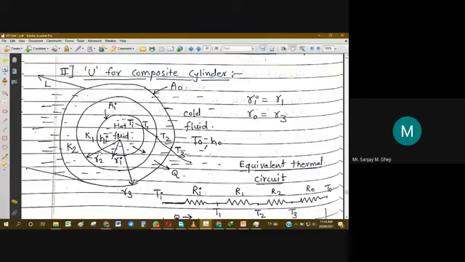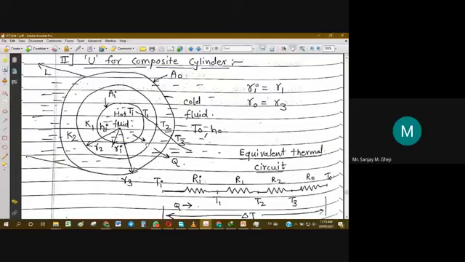For the inner tube, the inner radius is Ri and the outer radius is Ro, and for the outer tube the inner radius will be Ri and the outer radius R3. So to avoid this inside and outside confusion, we will number them, because the outer radius of the inner tube is the inner radius of the outer tube. Let us number them R1, R2, R3 in increasing order.